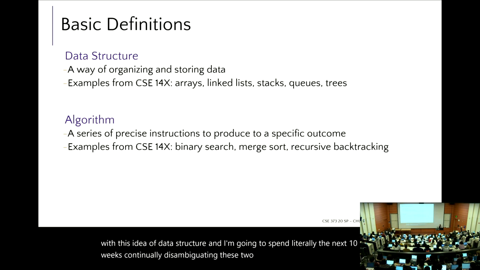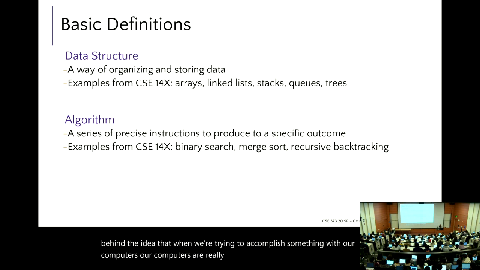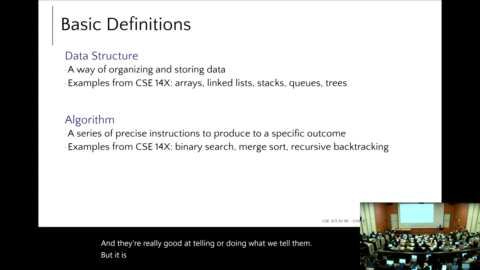But really, all of this is to get behind the idea that computers are really good at storing data, and they're really good at doing what we tell them. But it is entirely up to us to figure out how to organize things and what to tell the computers to do. The data structure is how we organize things.